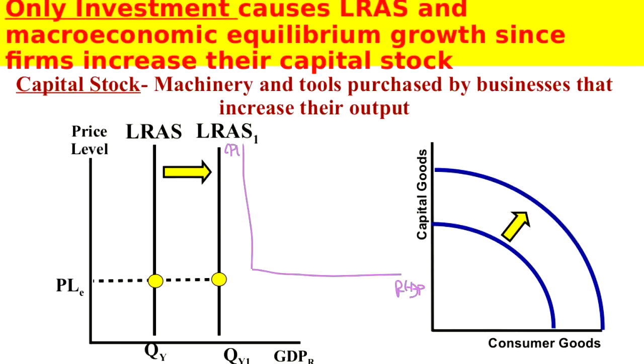So I've got my basic graph: LRAS, AS, and AD. So let's say I'm a business and I've decided to expand my production lines and make more cars. I've bought the robots, I've bought all that stuff. All of that buying is the first thing that happens. So I've purchased all these things. So it'd be AD2.